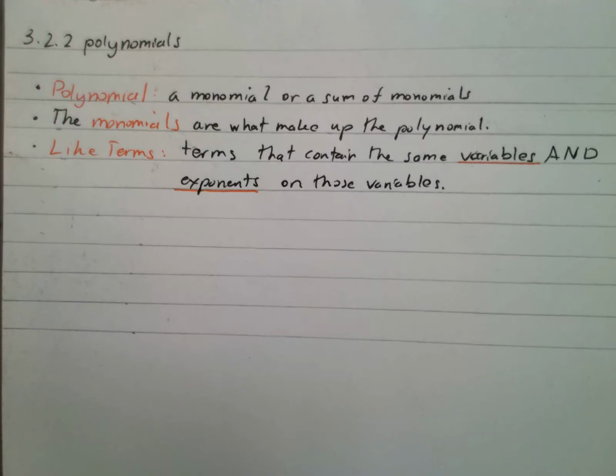Now, this is where we talk about things like monomial, binomial, trinomial, and so on, okay? Now, as we get further into the unit, when you hear the word quadratic and basically any of the nomials, conceptually they are related, but they're not the same thing.